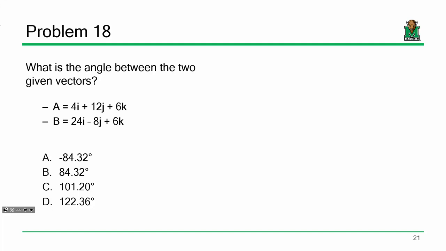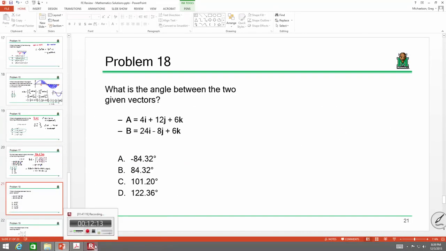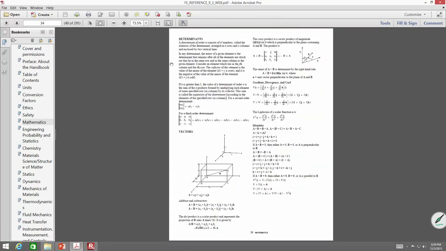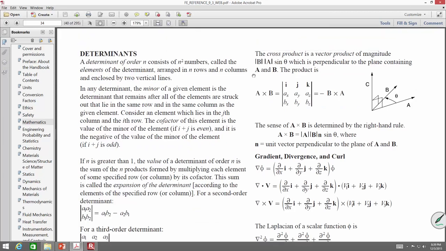Why don't I just pull up the manual, make it simpler. There we go. So here on the top right, it defines for us what the cross product is, but then it also gives us this definition down here that it says the cross product is also defined as the magnitude of A, the magnitude of B, the unit vector perpendicular to that plane, and then the sine of theta.